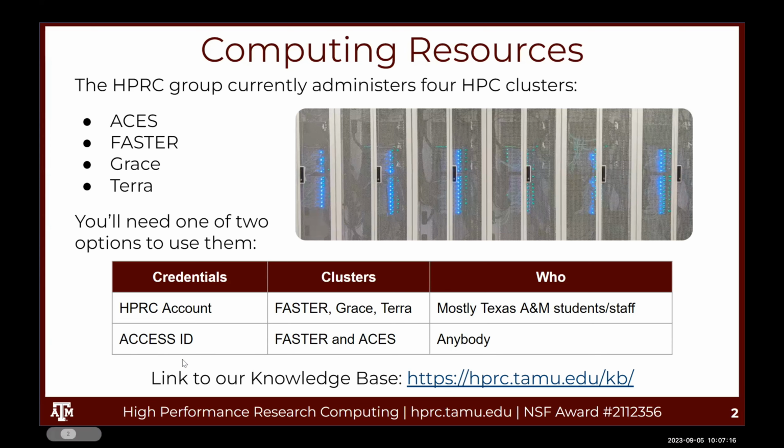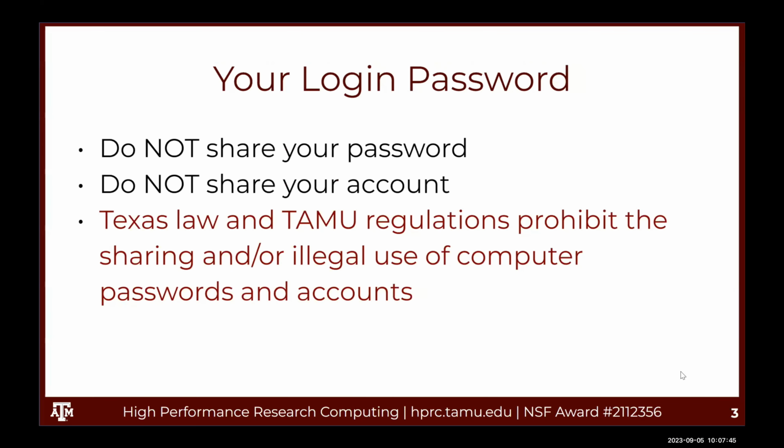If you are an external user, you will need an Access ID to access Faster and ACES. For today's demonstration, I will be using Faster so that both the Texas A&M people and external users can access it. And this is our link to the knowledge base, which will be very helpful for you once you start using our clusters.